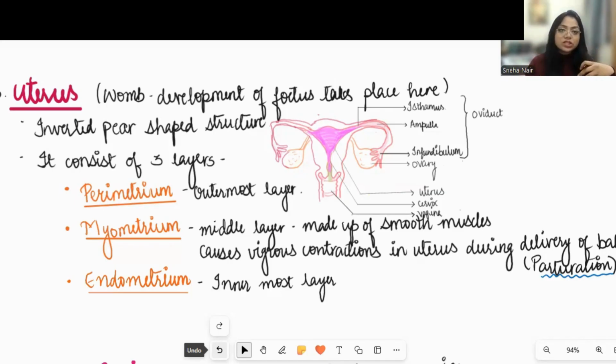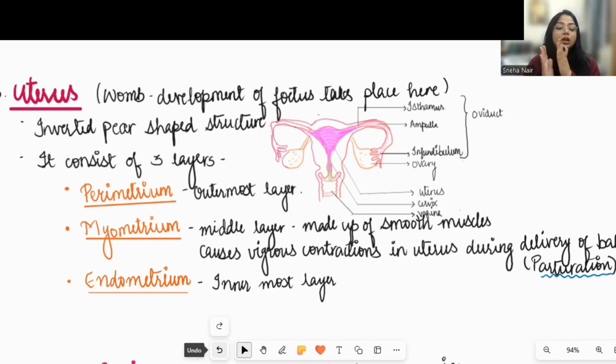But if there is no fertilization and the zygote is not formed, the endometrium sheds. When it sheds, it comes out along with some blood, which is called menstruation. So this cycle takes place every 28 days, for which the changes take place in the endometrium.